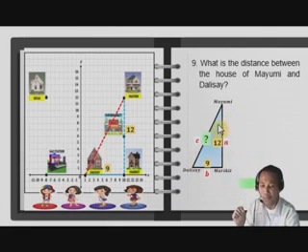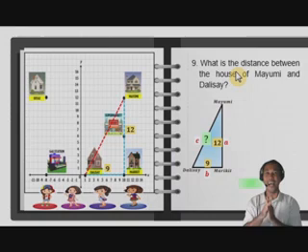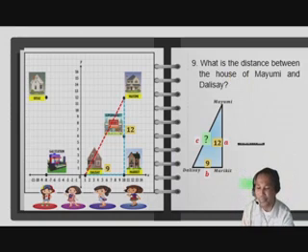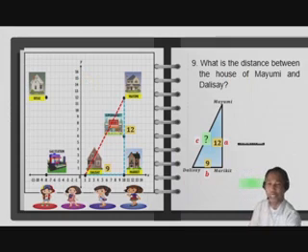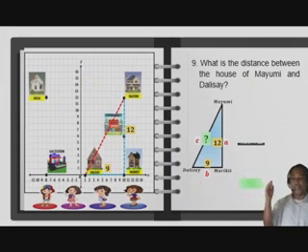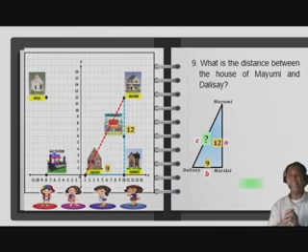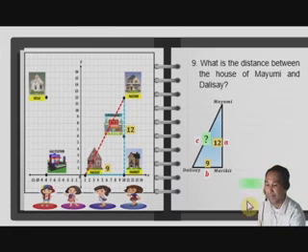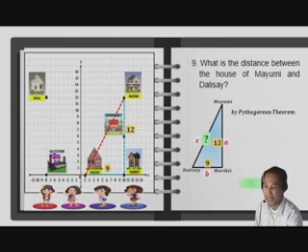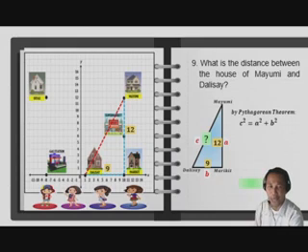And then, how about our longest leg, or what we call the hypotenuse? Ayun, naalala na yung word na hypotenuse. So, how to find the hypotenuse? To find the hypotenuse, we are going to use our, anong theorem uli yun? Yun ang tinatawag nating Pythagorean Theorem. So, we have here c square, or the square of the hypotenuse is equal to the square of the first side plus the square of the second side.